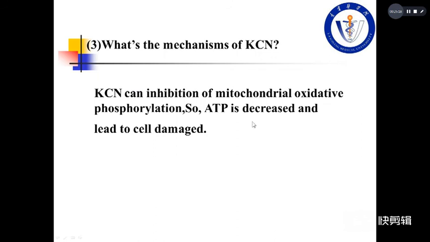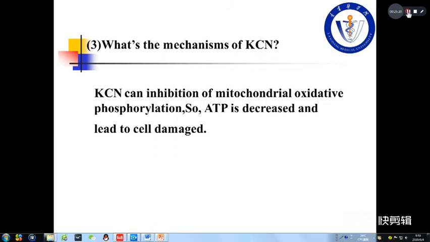Now, what's the pathogenesis of cyanide? Now, the pathogenesis, cyanide can inhibit mitochondrial oxidative phosphorylation, so ATP is decreased and leads to cell damage.